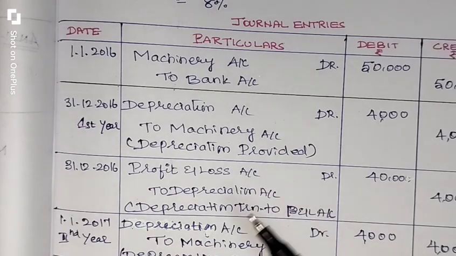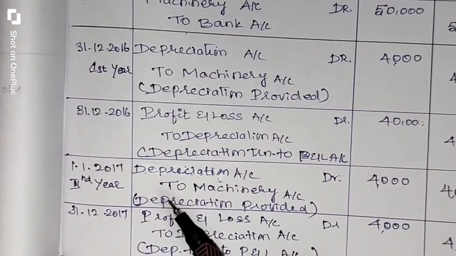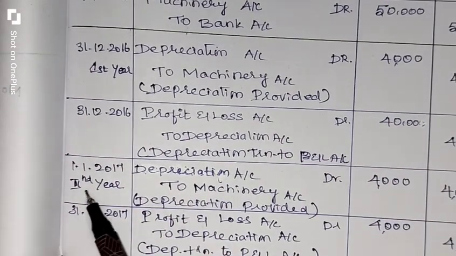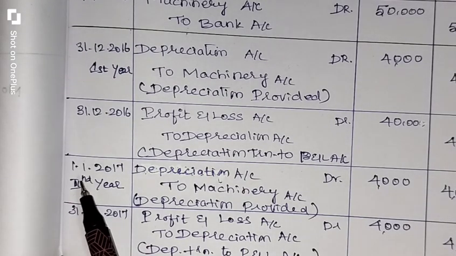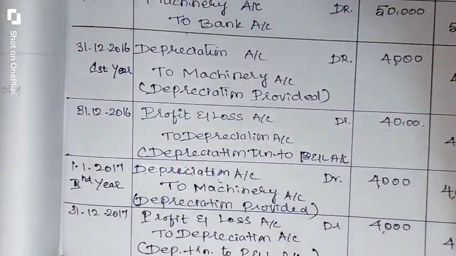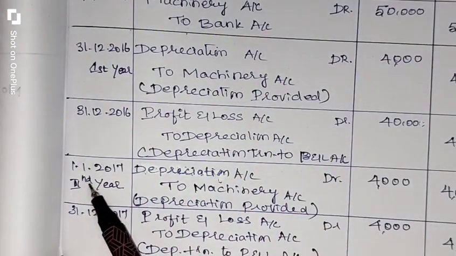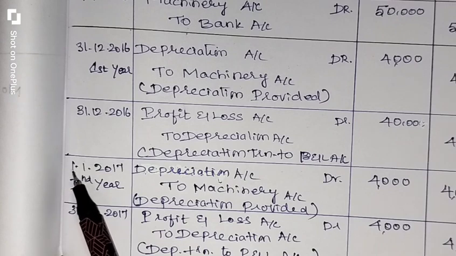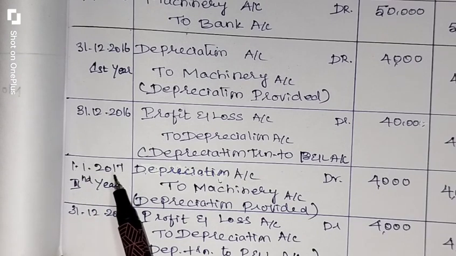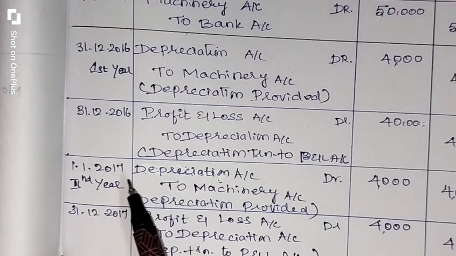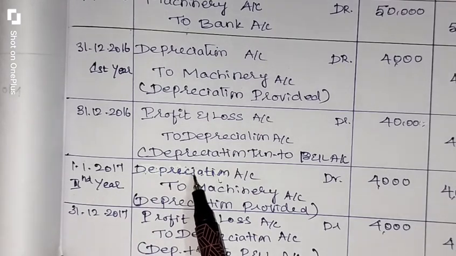Now we are going to pass the depreciation of machinery entry for the second year. When you purchased the asset on 1/1/2016, on the second year we take the same date, that means 1/1/2017 for the second year. So what's the journal entry for depreciation of machinery?